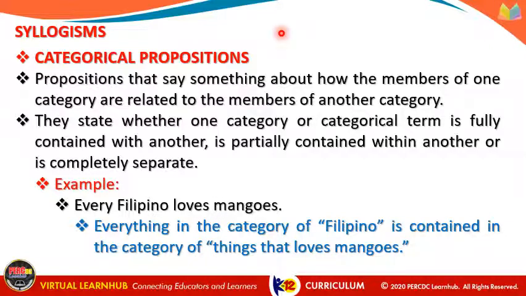So that is how propositions, or specifically categorical propositions, are. They are propositions that tell us if a category is fully contained within another. In this case, all Filipinos are contained within everyone that loves mangoes. So that is an example of a categorical proposition.